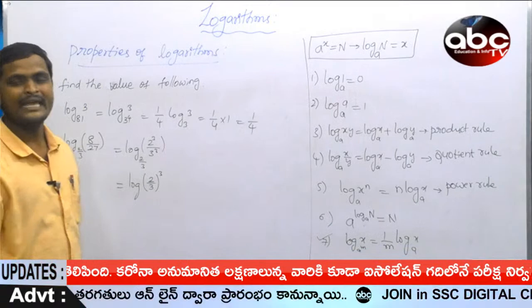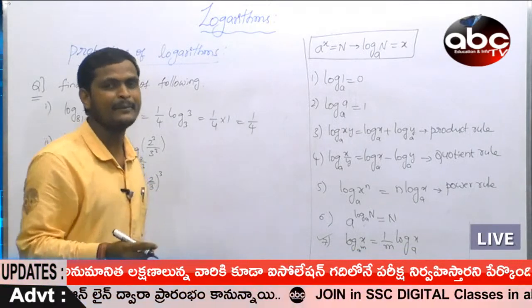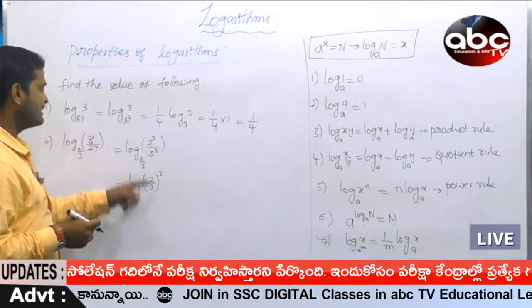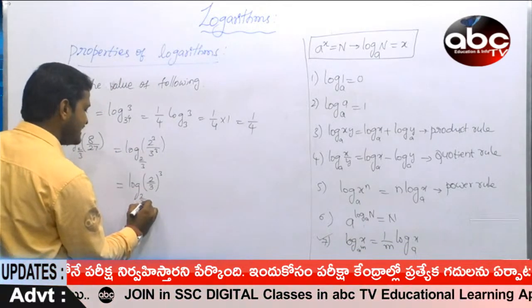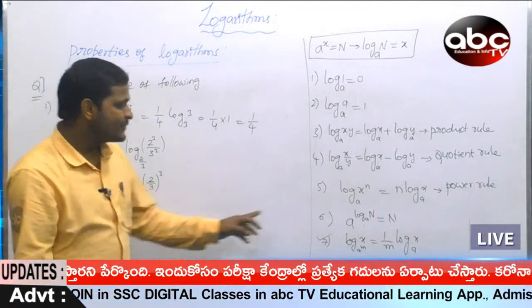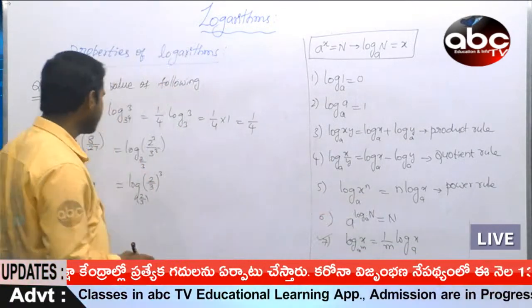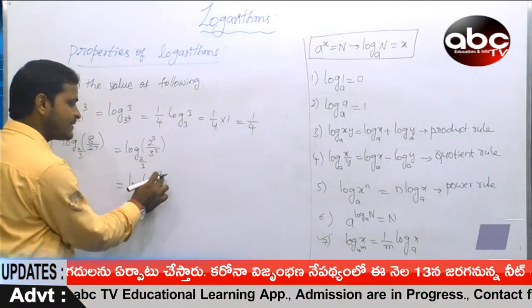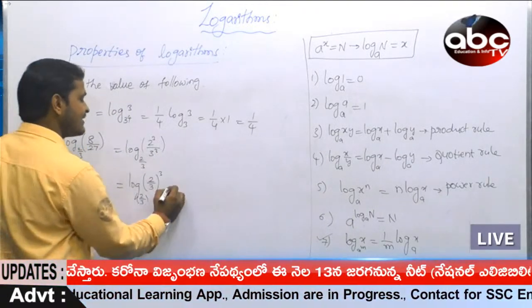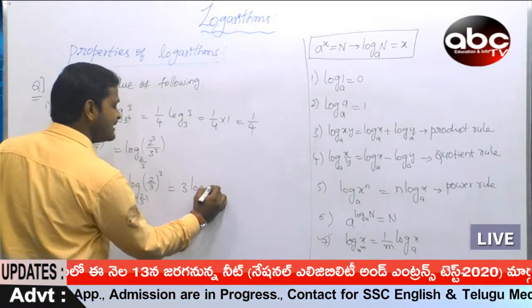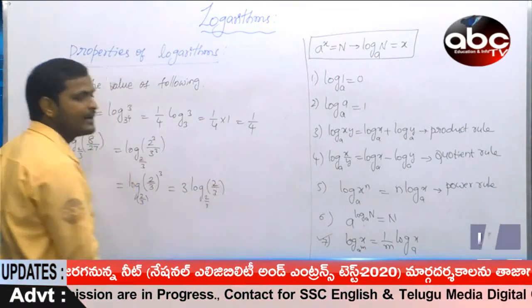Already you know, a power m divided by b power m is a divided by b whole power m. Right? Same, 2 by 3. Then here we use log x power n base a, that is n into log x base a. Then you can write 3 into log 2 by 3 base also 2 by 3.